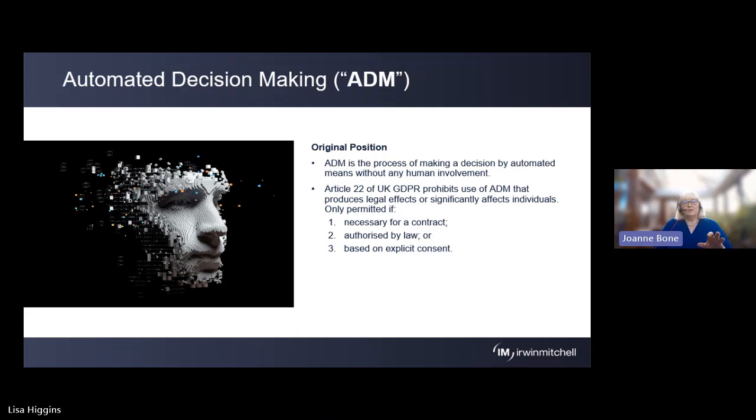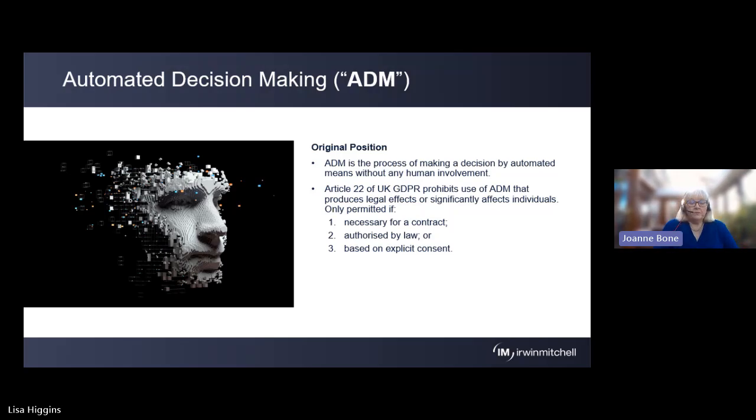When I'm talking about automated decision making here, what I'm talking about is essentially a decision made without any human intervention, and it has either legal or seriously impacts on the individual's rights.